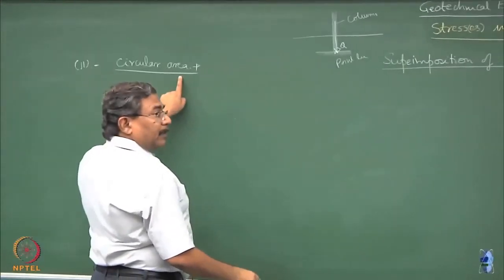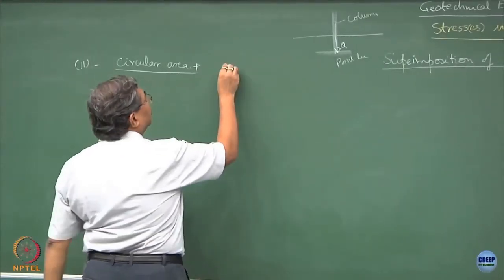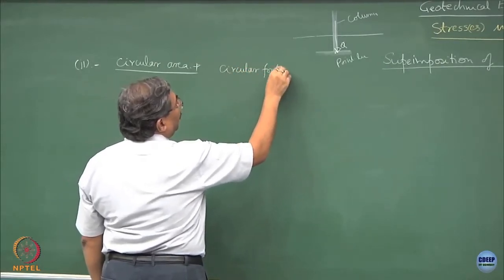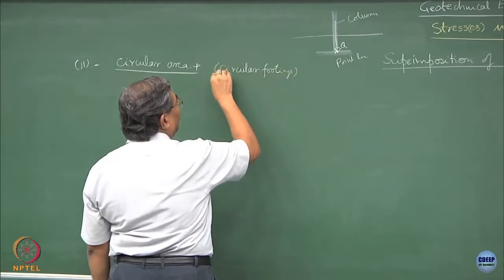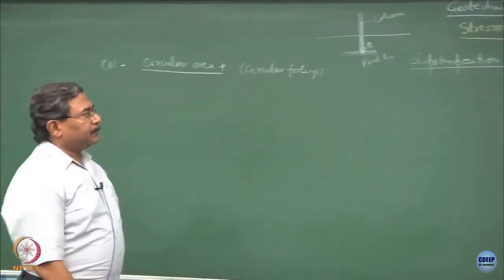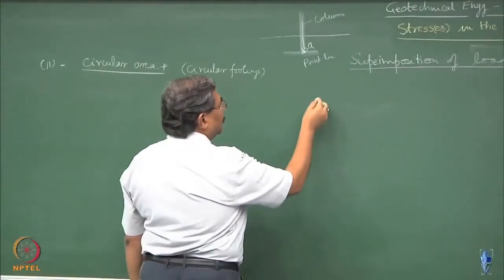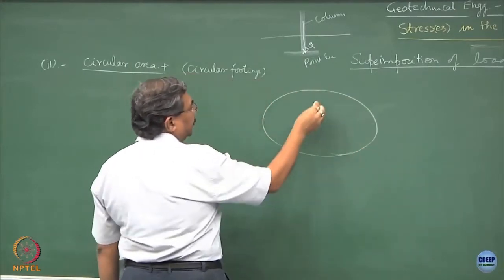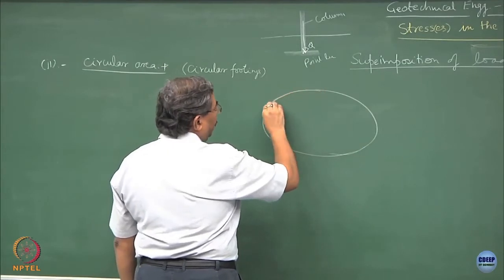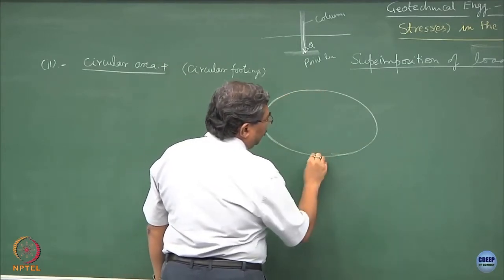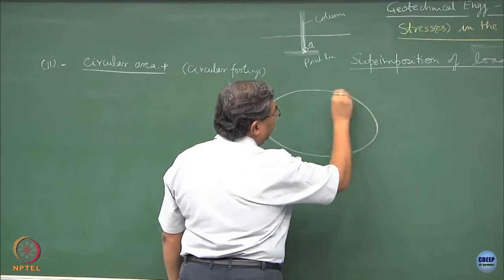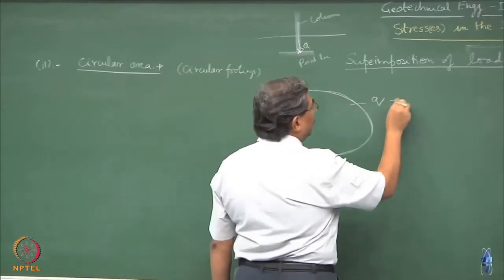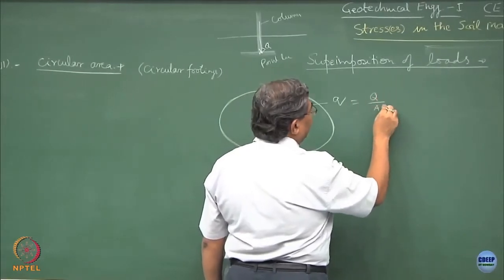Now, when I come to circular area, circular footings are a good example. I might have a situation like this. This is the area which is carrying a uniformly distributed load of q, where q is equal to capital Q upon area of cross section.